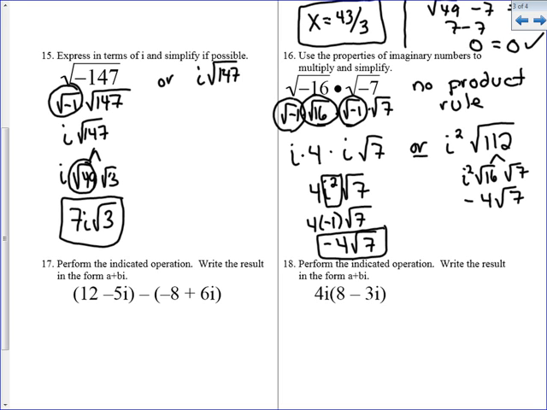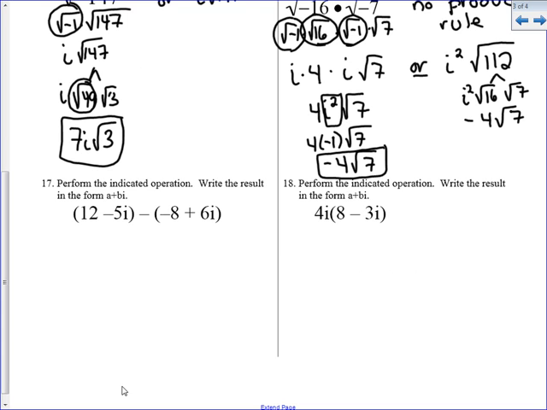All right, 17, 18, and 19 all have the exact same directions. Perform the indicated operation. The first thing you should take just a second to think about is what is the indicated operation? Because I get a lot of wrong operations here. So in 17, what is the indicated operation between these two complex numbers?